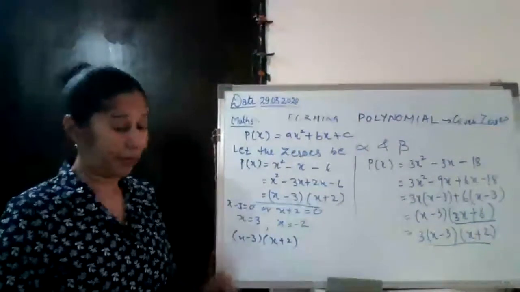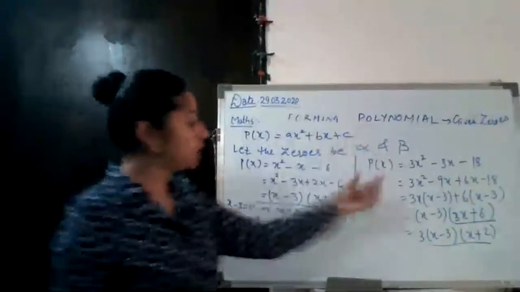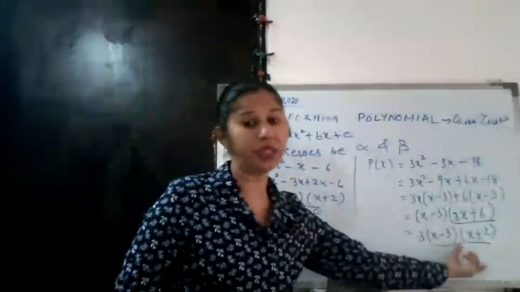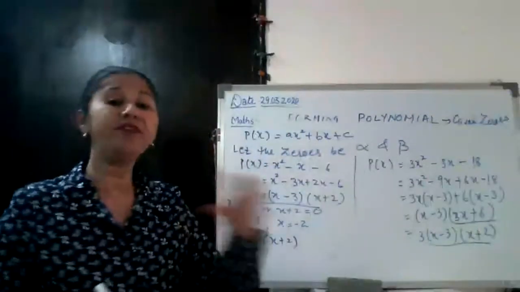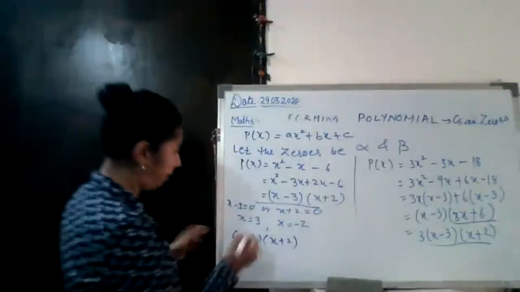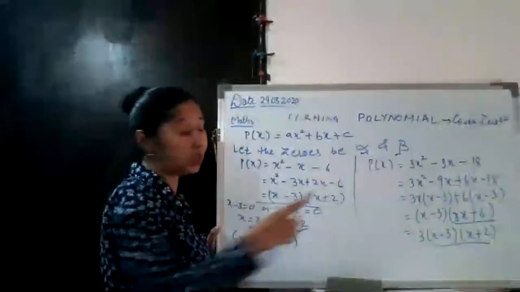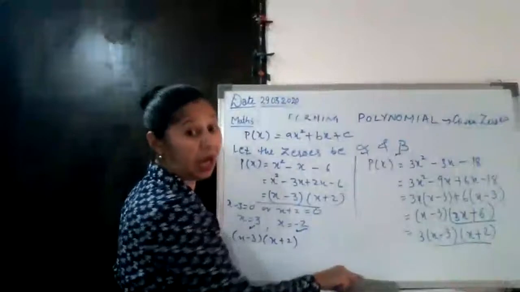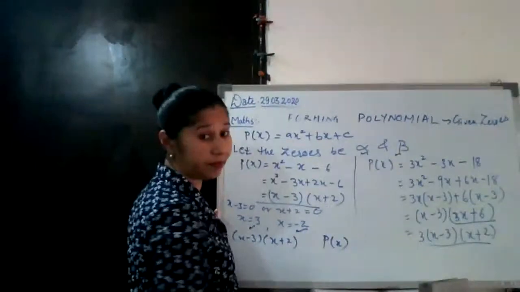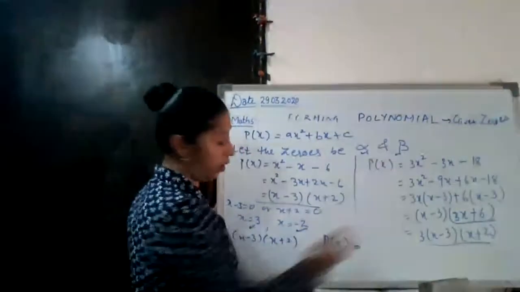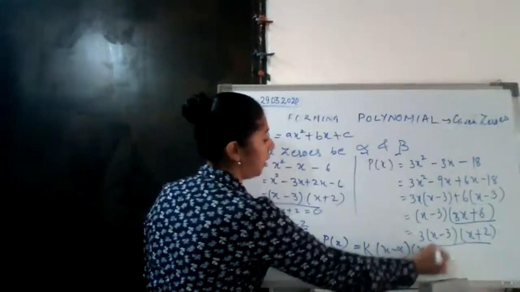Very simple, but what about this? Here also, I have the zeros, x = 3 and x = minus 2. So to generalize this, I will derive a formula of a polynomial. In general, if alpha and beta are zeros of the polynomial, then p(x) will be equal to k times (x minus alpha) into (x minus beta).